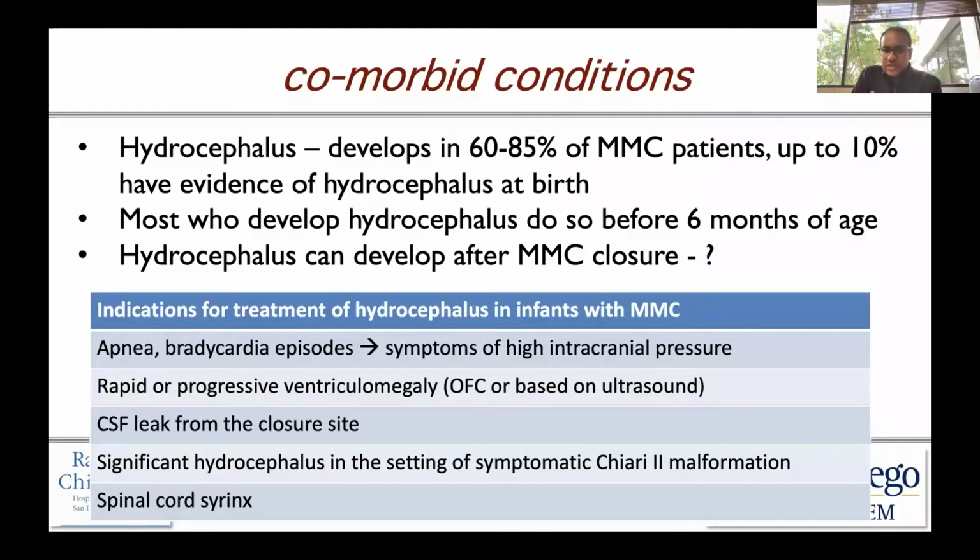And if there's the presence of a spinal cord syrinx, which tells neurosurgeons that the cerebrospinal fluid may be looking for an alternative pathway to exit into, and intraspinal, creating a syrinx can be associated with neurological dysfunction. So if that's starting to happen, then placement of a shunt or treatment with ETV CPC would be a reasonable thing.